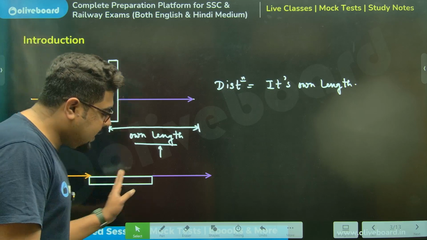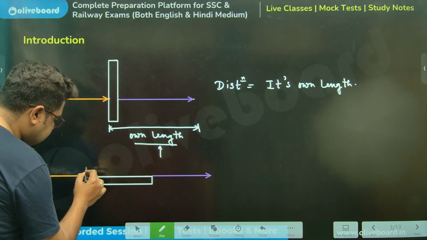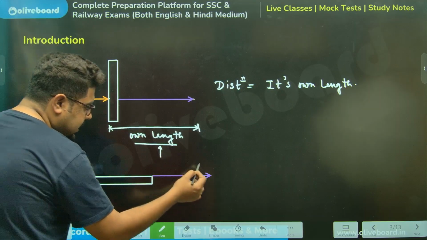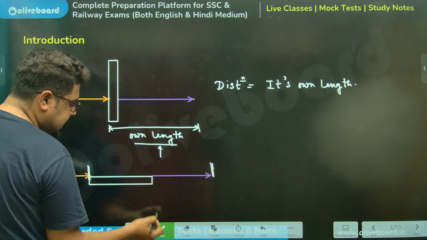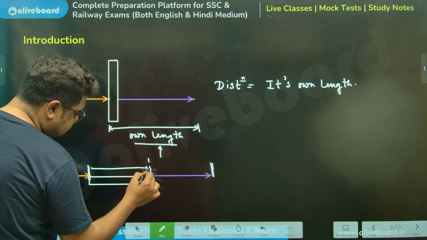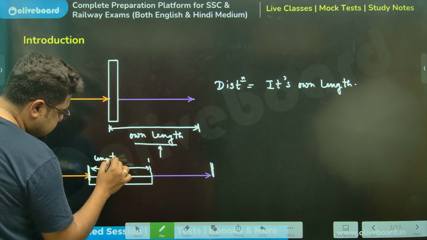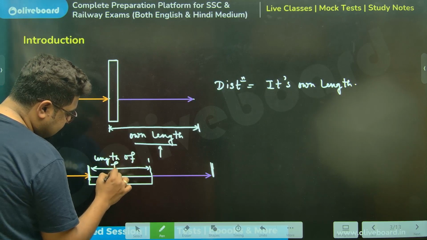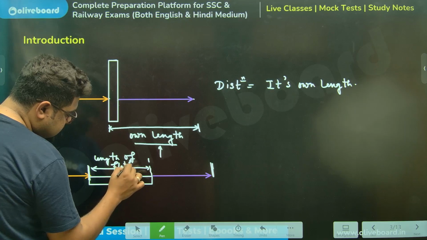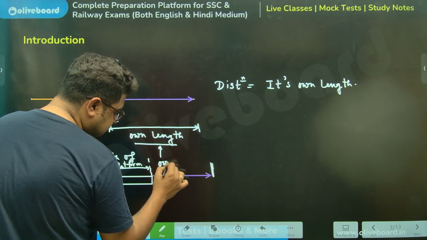Now again, if you take the distance the train has to move, if I take the nose section, it started from here and ended here. You see, it has two portions. One is the length of the platform, plus this, which is the length of the train, meaning its own length.